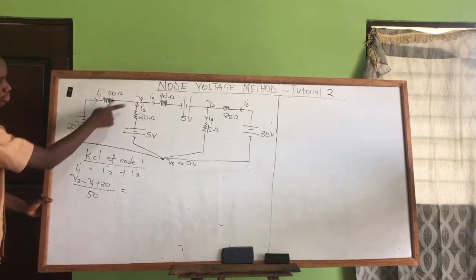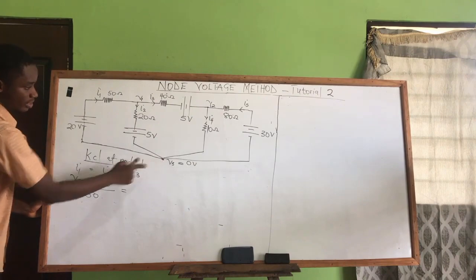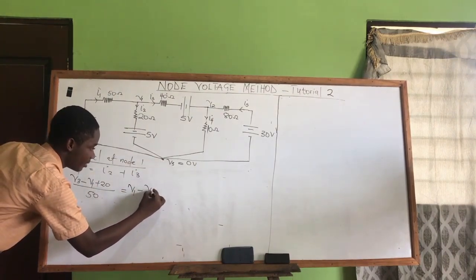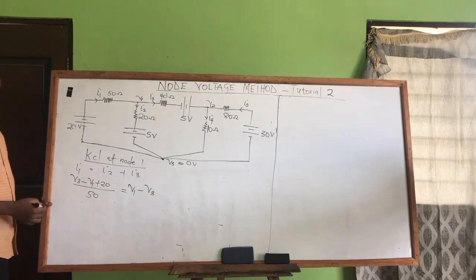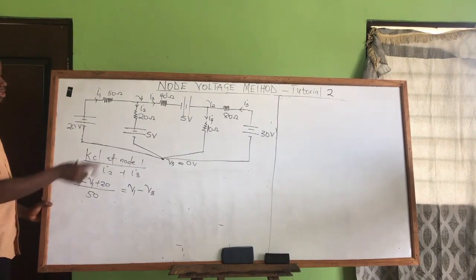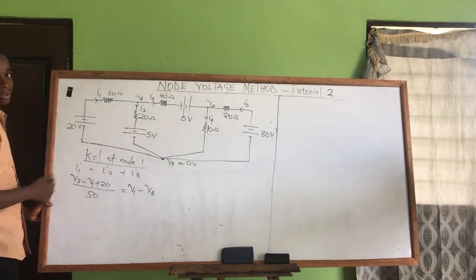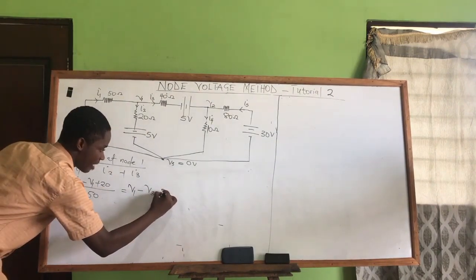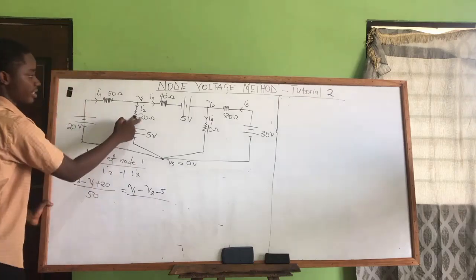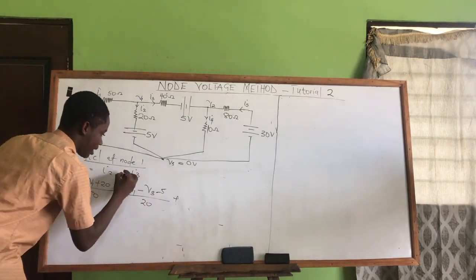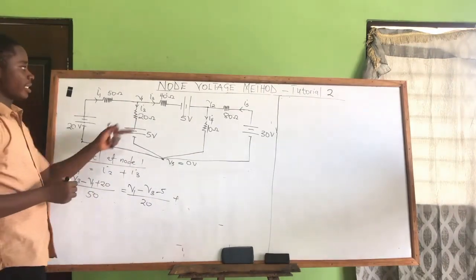I2 is starting from node V1 all the way to the reference node. So we have V1 minus V3. But on its branch, it met another voltage, which is 5 volts. But I2 will leave the negative of that voltage, so minus 5 over the resistor on that branch, which is 20. So we have plus I3, and I3 is this current.